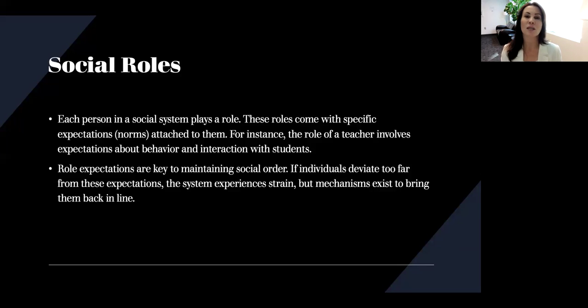You, as a student, are expected to come to university, take your sociology course, pass this course, and move on to the next level. After a certain time, get your degree and go to, for example, economy to contribute to economy, right? So that is your role. Role expectations are key to maintain social order. So also, we have these different roles in society.